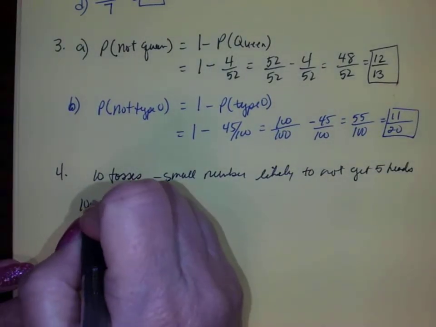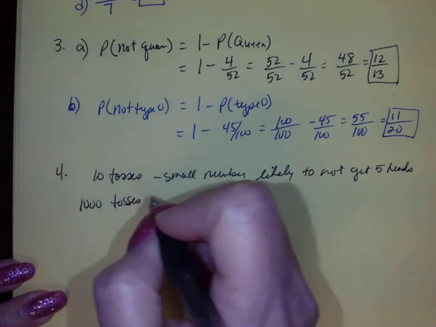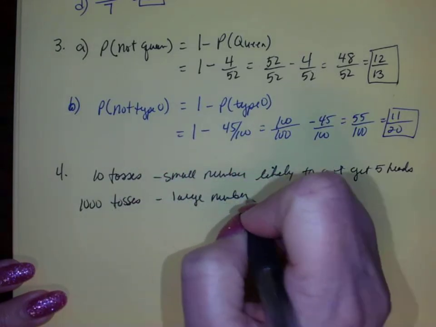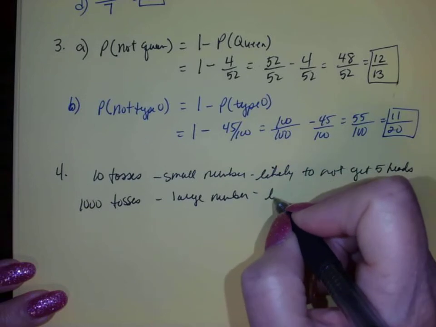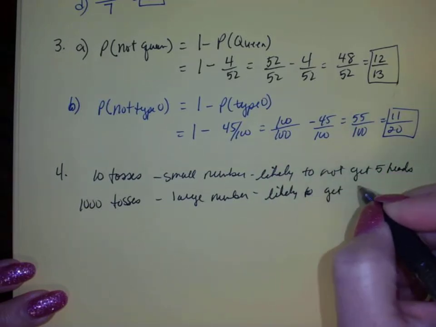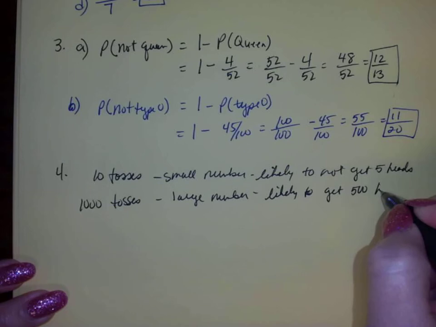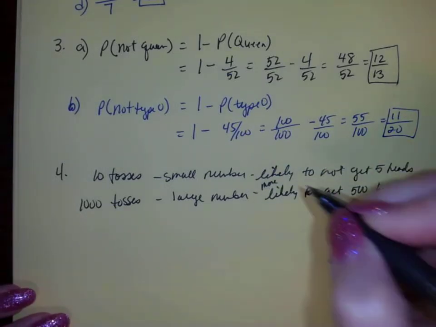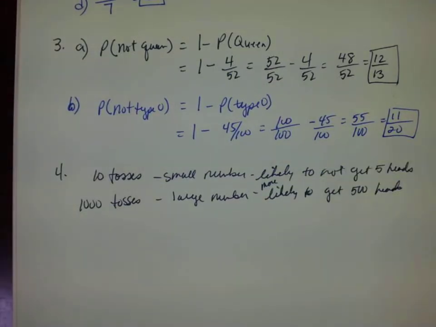But with 1,000 tosses, this is a large number. So we are likely to get 500 heads. Or let's see, we'll put this more likely to get 500 heads with our tosses. Okay, because that's what typically we'll get closer to. So that means that that 700 is going to be highly improbable.